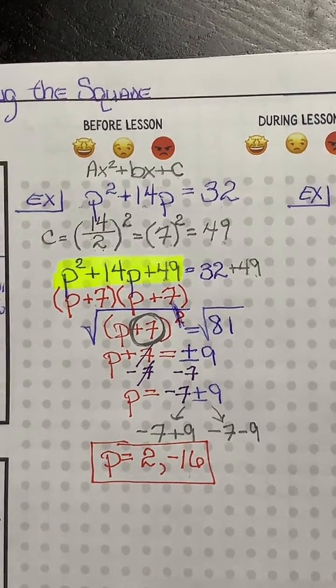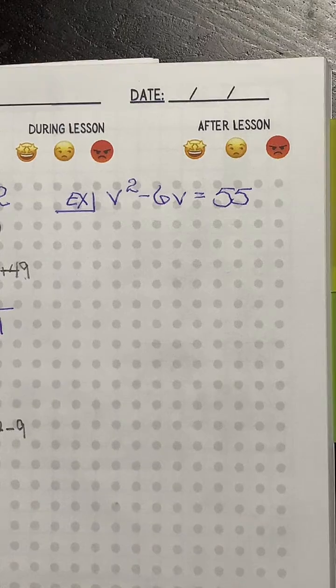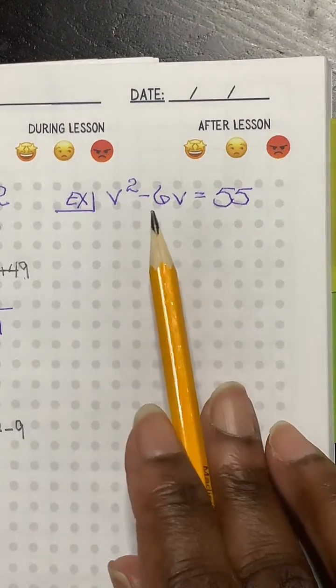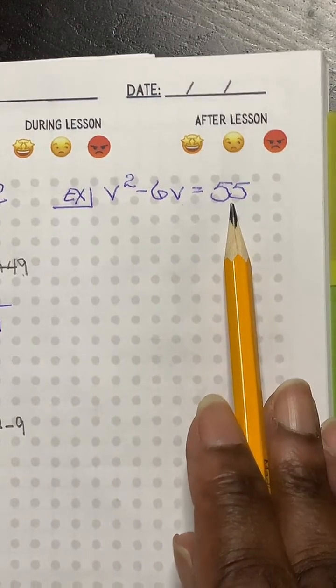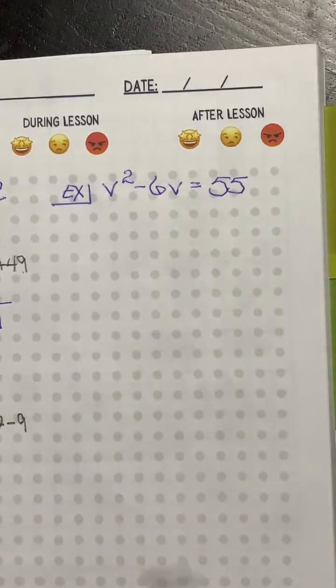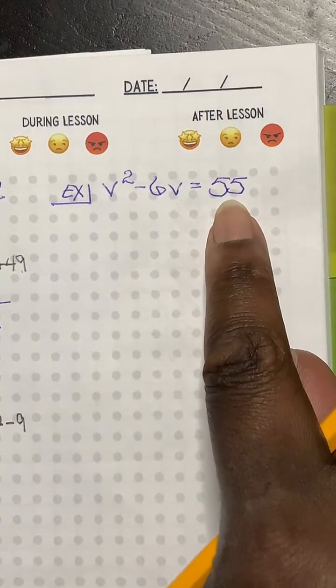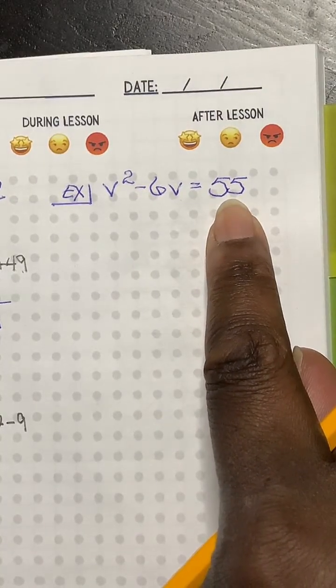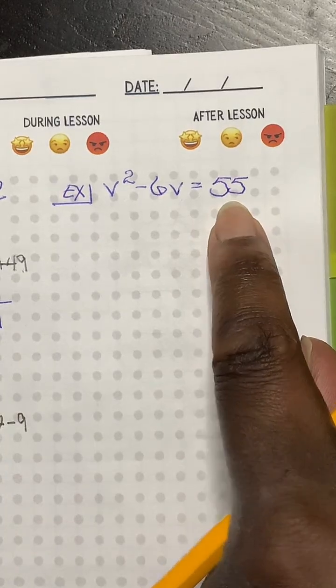So, going to start again with the next problem. So we have v squared minus 6v equals 55. And anytime they say do this by or factor it by completing the square, it always has to equal your constant. So with that being said, it does equal our constant.